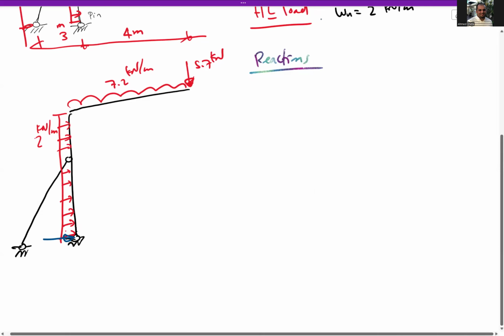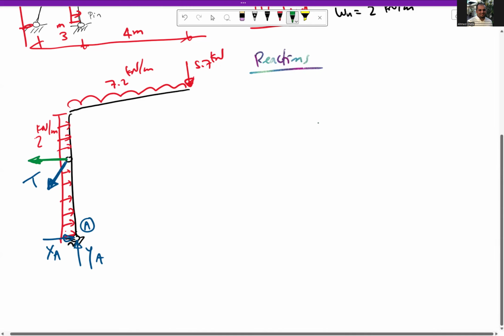If this point is A, we have XA, YA, and we have a tension force in this tie, which is T. So we can remove this part, and we have only the force T. This force should be analyzed into two components, one vertical component and one horizontal component, using the angle theta.